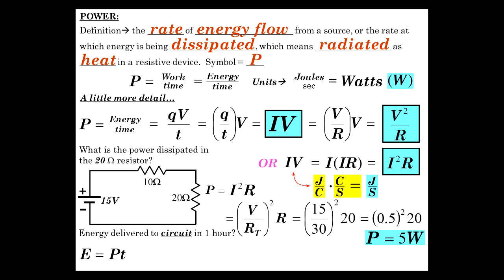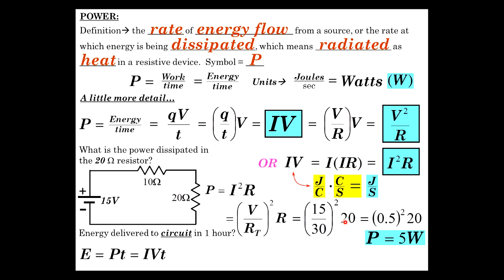How much energy in an hour? Well, energy is power times time, which is, in this case, we've got to be careful. I said the energy to the circuit, not just the 20 ohm. So I times V I'm using for power. This is the volts delivered to the circuit, 15, delivered to the 10 and the 20 collectively, and the current.